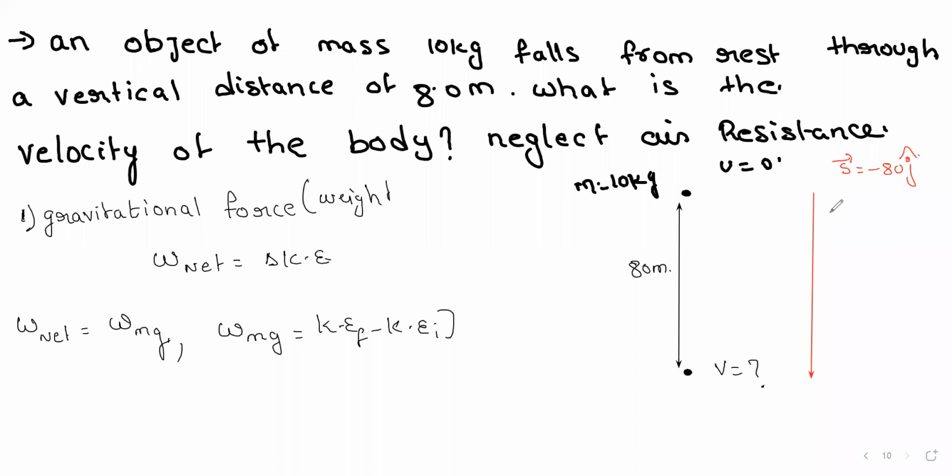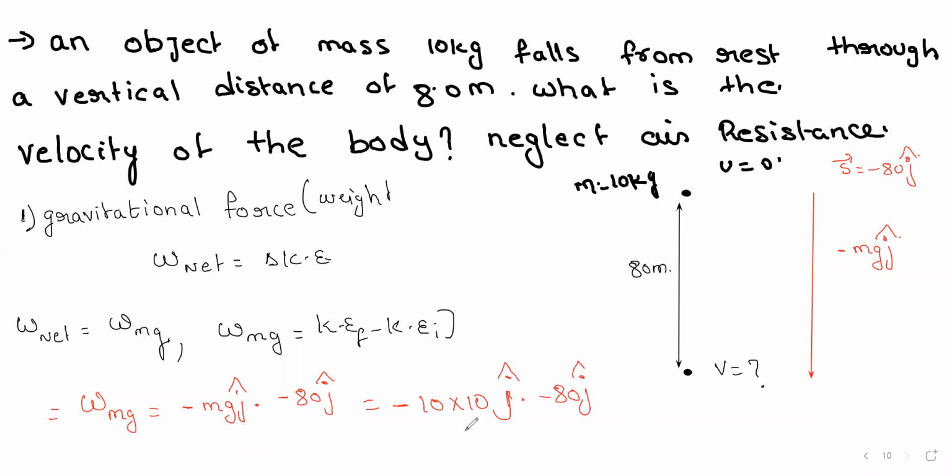What is weight? Weight is in which direction? So the force due to weight is minus mg j cap, right? So work done by weight is minus mg j cap dot minus 80 j cap. What is m? 10. So minus 10 into 10 j cap dot minus 80 j cap.